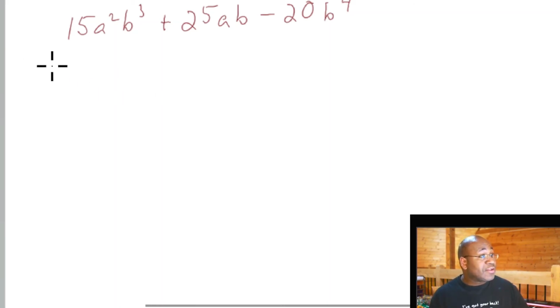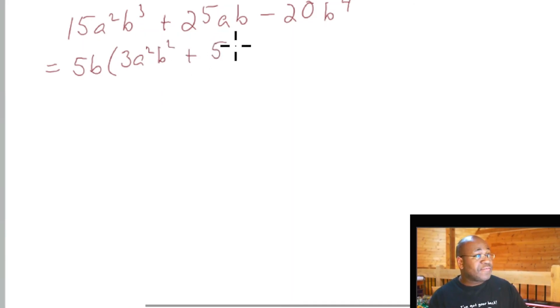So when we factor this out, we can extract both 5 and b. So this will be 5b. And then when we extract that out, we'll have 3a squared b squared plus 5a minus 4b to the third power.